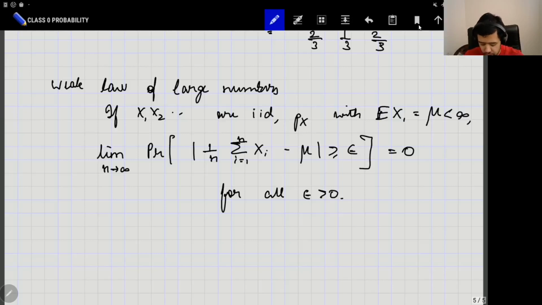Okay, and so this is the weak law of large numbers.